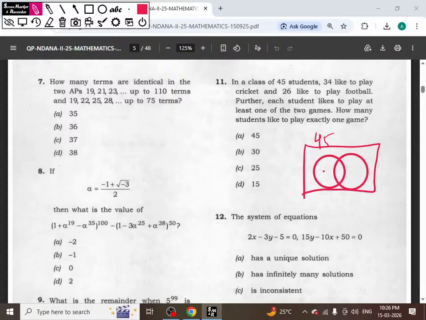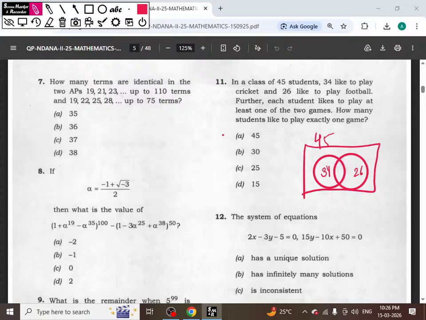So 34 like to play cricket, 26 like to play football. Further, each student likes to play at least one of the two games.